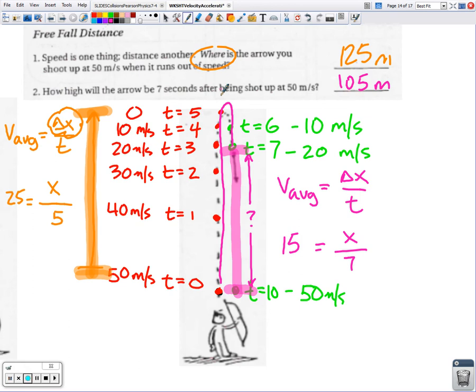Okay? If you want to, you could just figure out this little section right here, and subtract from 125. Does that make sense? Okay? You could do that, or you could just take it all as one big trip. It should get you the same answer. Okay? Good there.